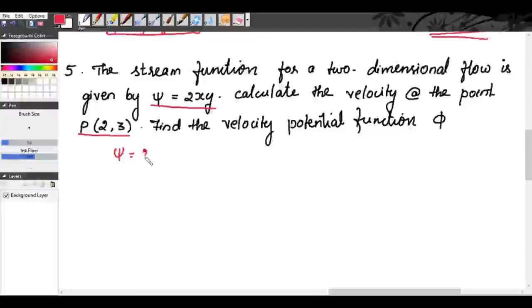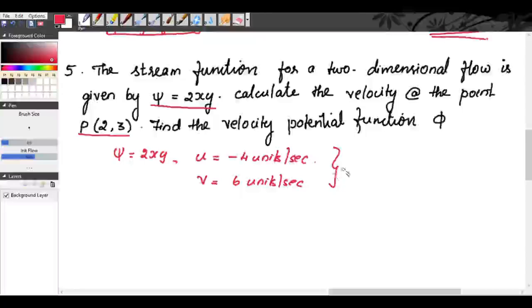So your answers are, psi is equal to 2xy. The value for u is minus 4 units per second. The value for v will be equal to 6 units per second. The resultant velocity v will be equal to square root of u square plus v square, and the value is 7.21 units per second.